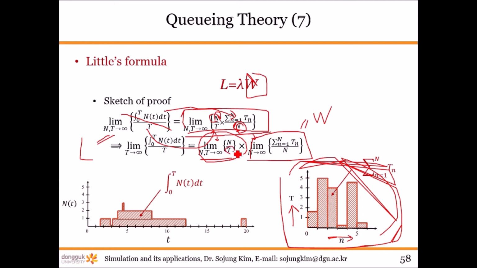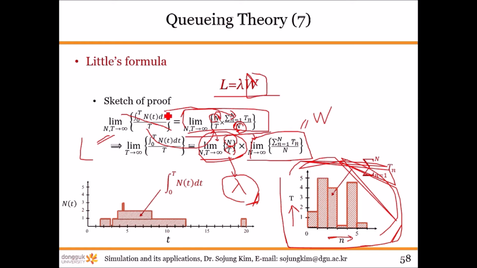Under the given amount of time, there are N customers. By dividing this capital N by capital T, you get lambda, the arrival rate over the time. How many customers can enter the system over the time? So this is lambda. Got it? That's how you prove Little's formula.